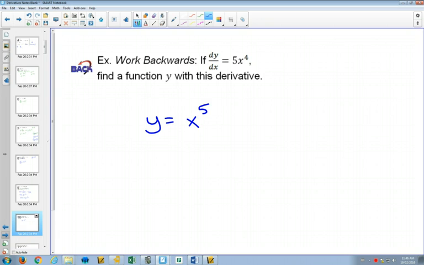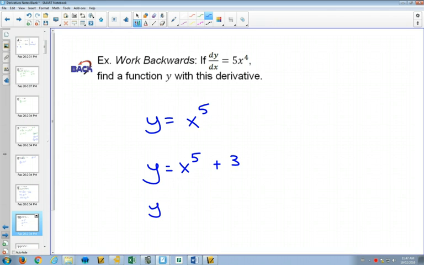We could have also had x to the 5 plus 3. Because what's the derivative of 3? 0. And we're going to find out later that we could take both of those derivatives separately, and so the derivative of this one would also be 5x to the 4.